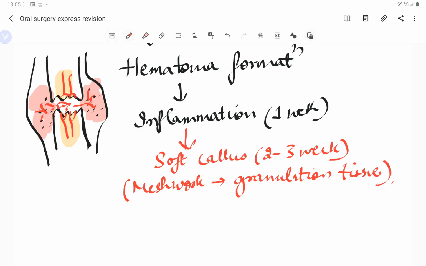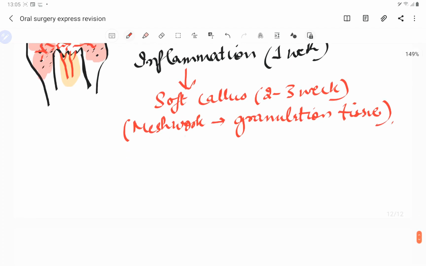The mesenchymal cells start proliferating and differentiating. Now we have fibroblasts and all the blast cells which are going to form the normal bone. So we have fibroblast, odontoblast, osteoblast. Not odontoblast, because odontoblast is associated with the formation of the teeth. We are talking about bone, so we have osteoblast, chondroblast, fibroblast, all these blasts. After a few weeks, we see this mass has become hardened.